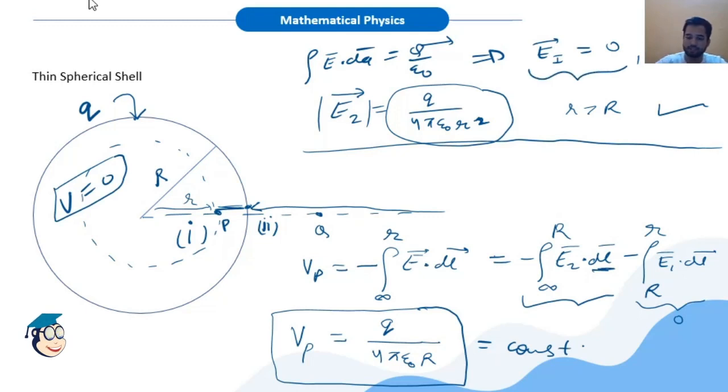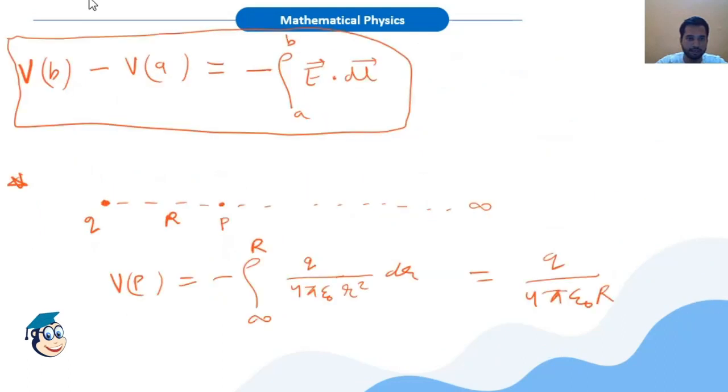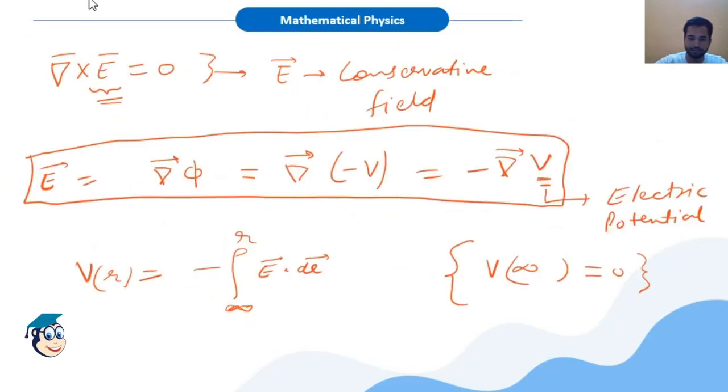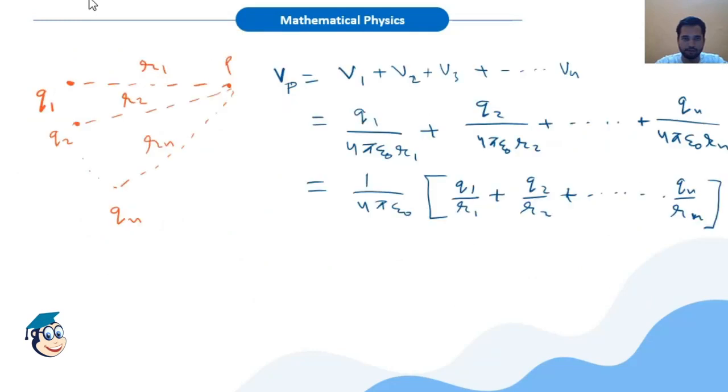Then potential must be constant using this relation. Using this relation, you can say when electric field is zero, that means this gradient must be zero. Means the potential must not change, it must be constant. So it is what we expect.